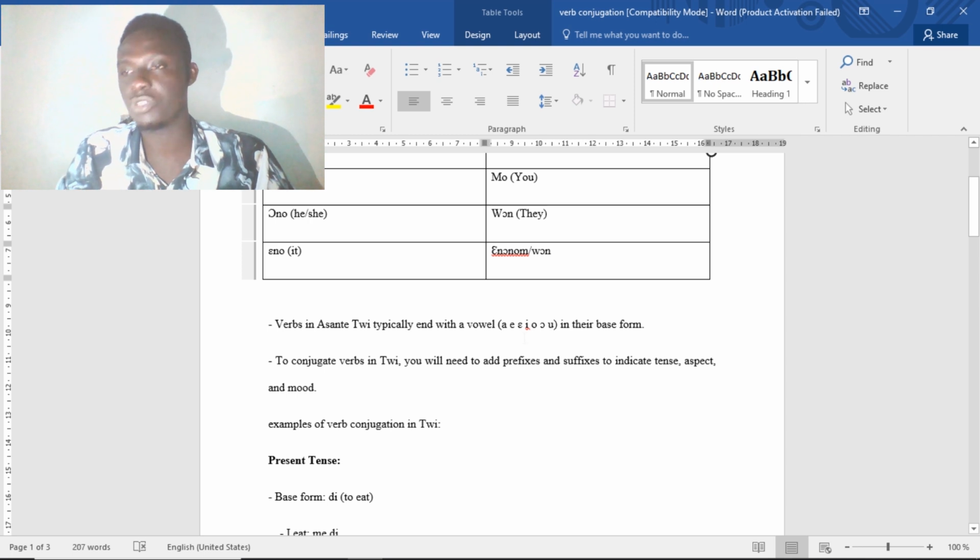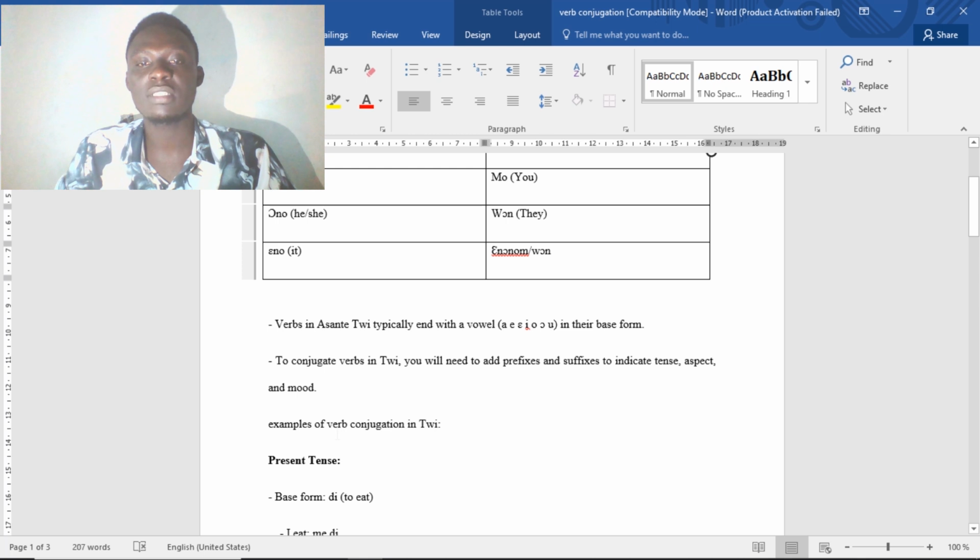So most of the verbs we will meet in this lesson and the lessons beyond end with a vowel.